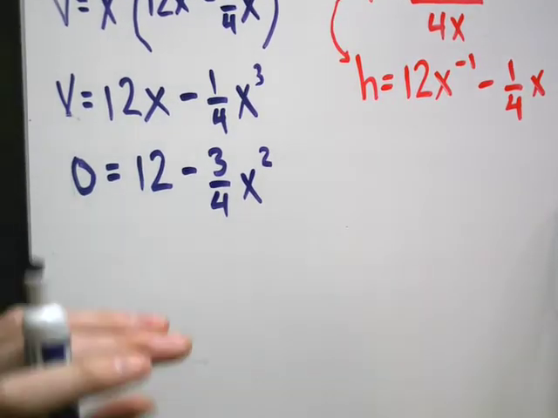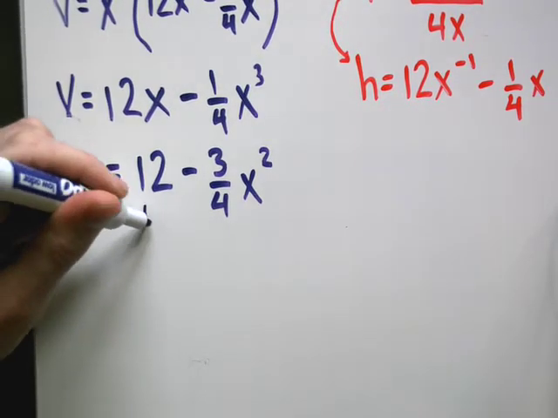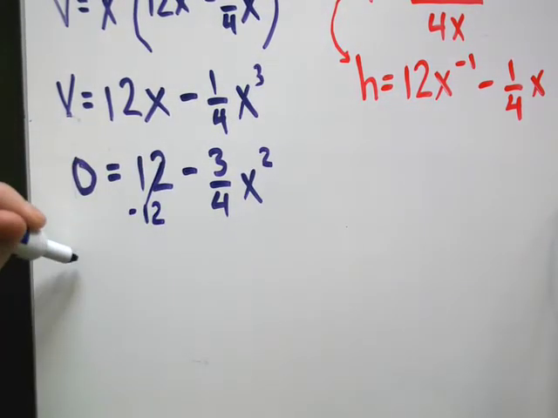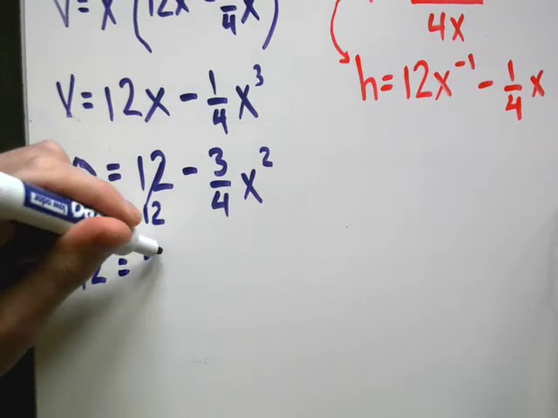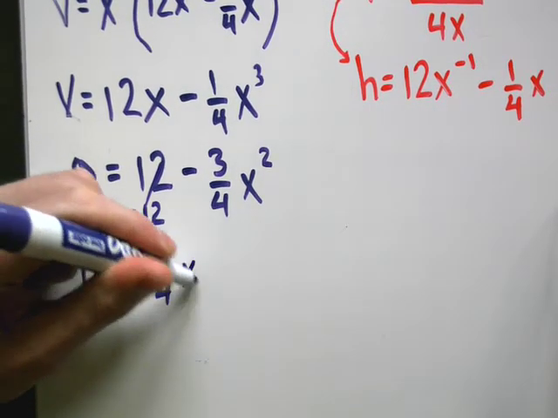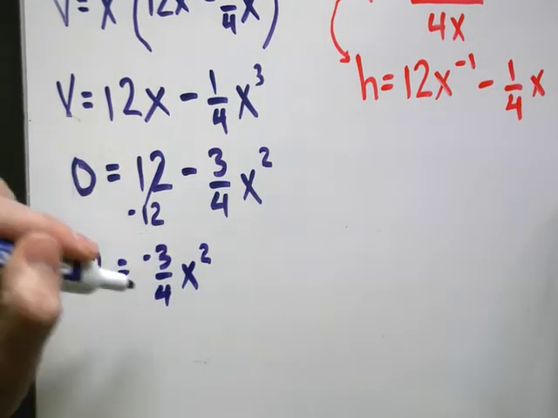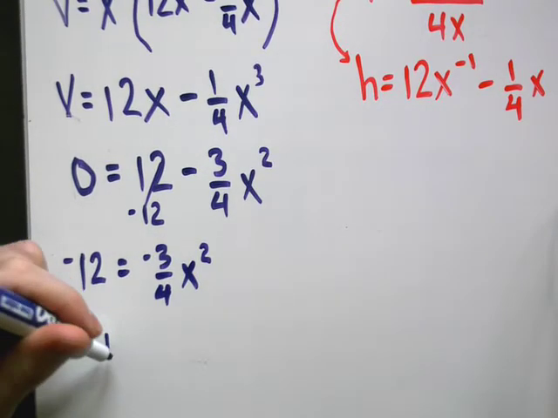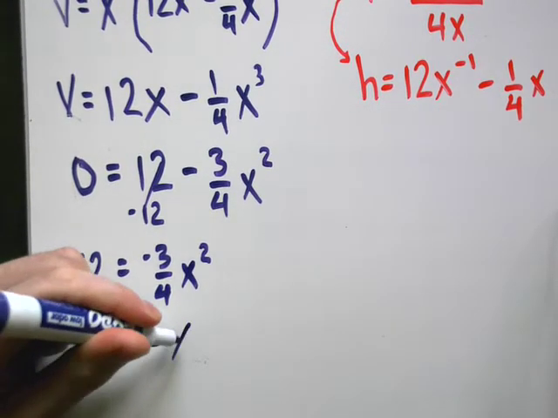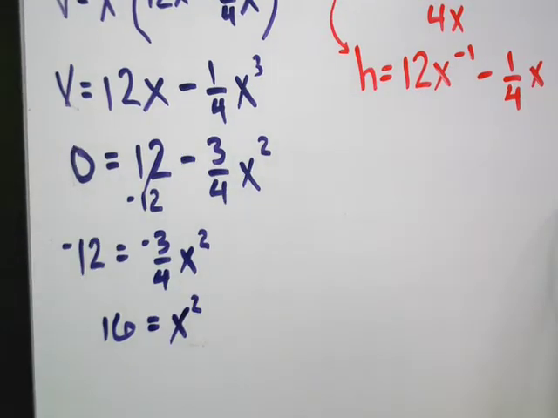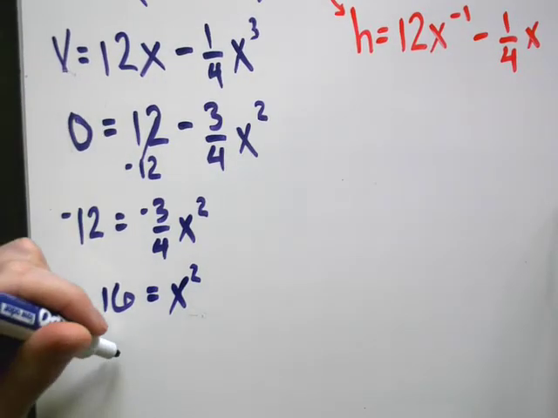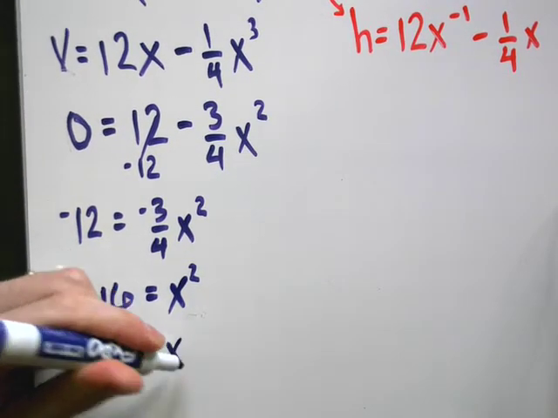Okay, same thing as on the last problem. What I'm going to do is bring my 12 over, so negative 12 is equal to negative 3 over 4 x squared. When you take the reciprocal, you end up with 16 is equal to x squared. Okay, so when I take the square root of that, I get 4 is equal to x.